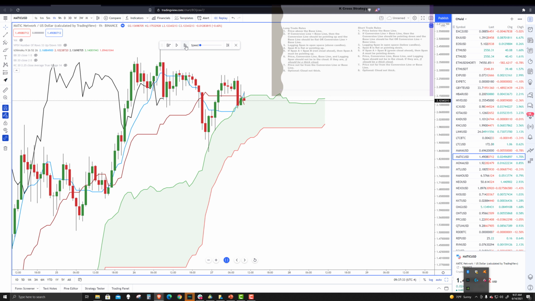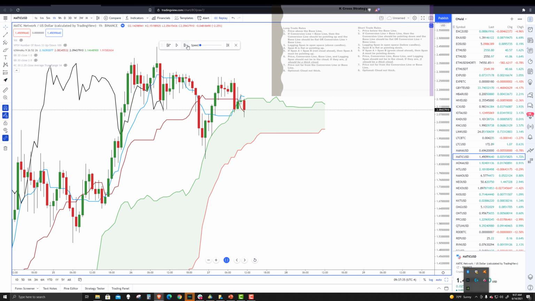So we move forward another period, moving forward some more. Now we have a level to look at. Okay. So this is the hourly chart. The lagging span is below the candlesticks. Price is not yet below the Kijun-Sen, okay?